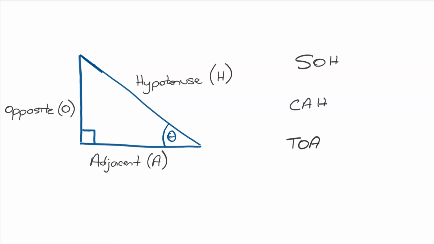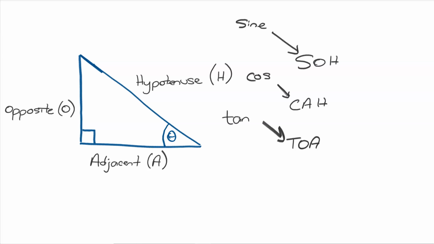SOH: the S just means sine, the trig function sin, and you've got opposite and hypotenuse. CAH is cos, and you've got adjacent and hypotenuse. And TOA is tan, or tangent, and you've got opposite and adjacent.